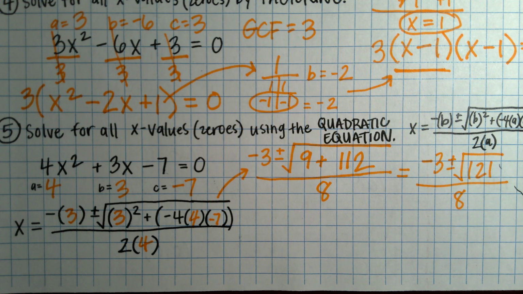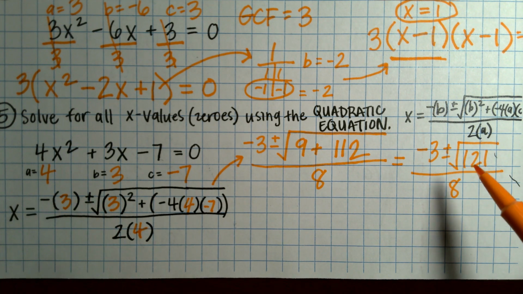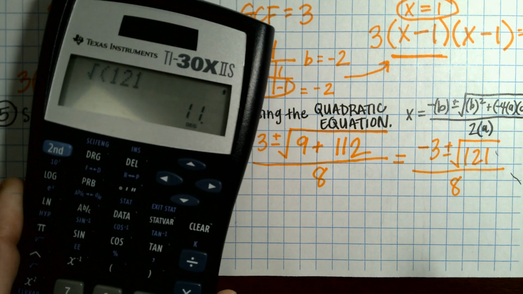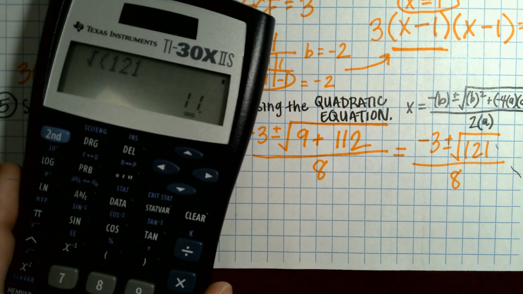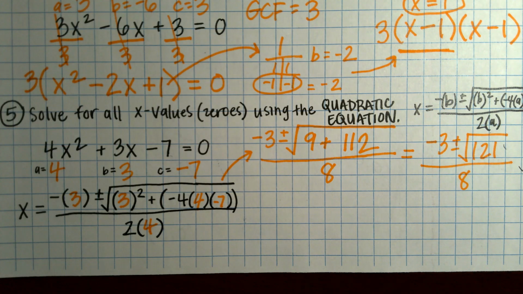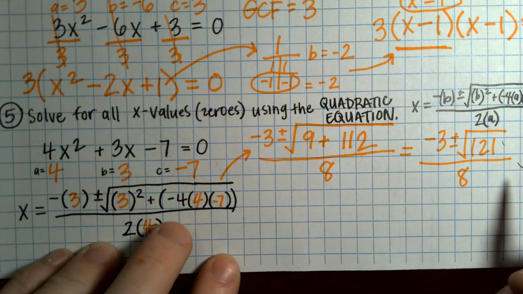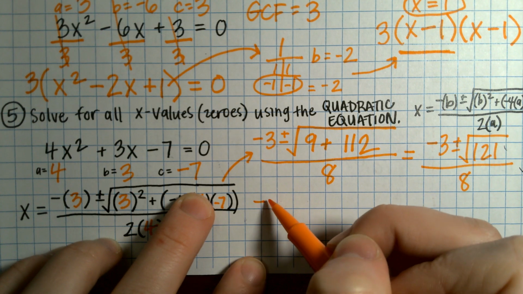That was an accident, so we got lucky here. Whenever we're working with a really long decimal, sometimes it's easier to keep the square root, but if we recognize that we have a perfect square and we're going to get a whole number, like 11, it might make more sense to go ahead and solve that out. Up to you. So I'm gonna go ahead and write 11 instead of radical 121.